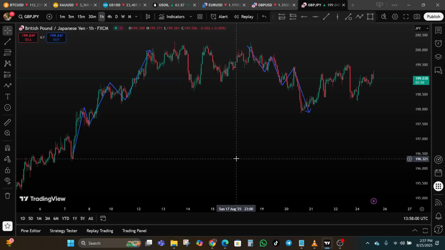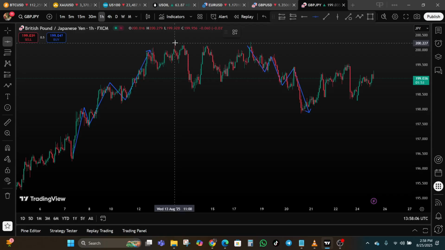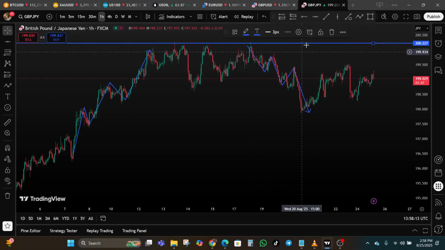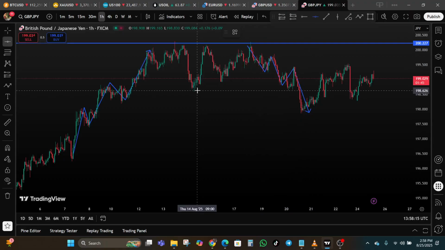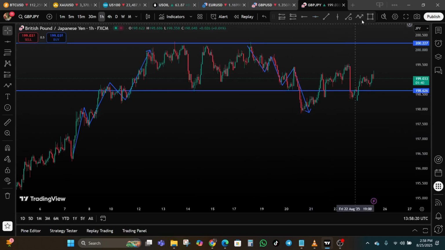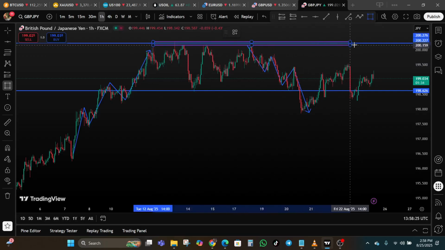Once structure is clear, we look at support and resistance. Once we have a clear structure, the next thing for us to do is to look at our support and resistance zones. On the H1 chart, these zones tend to be more respected than on lower time frames.